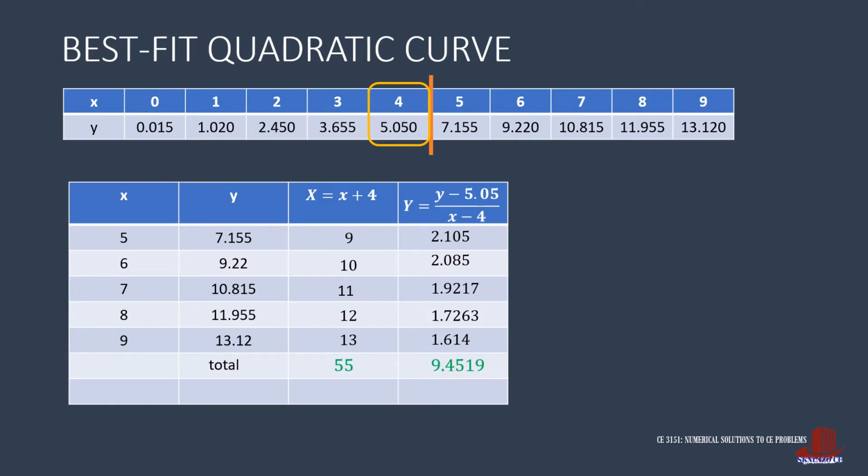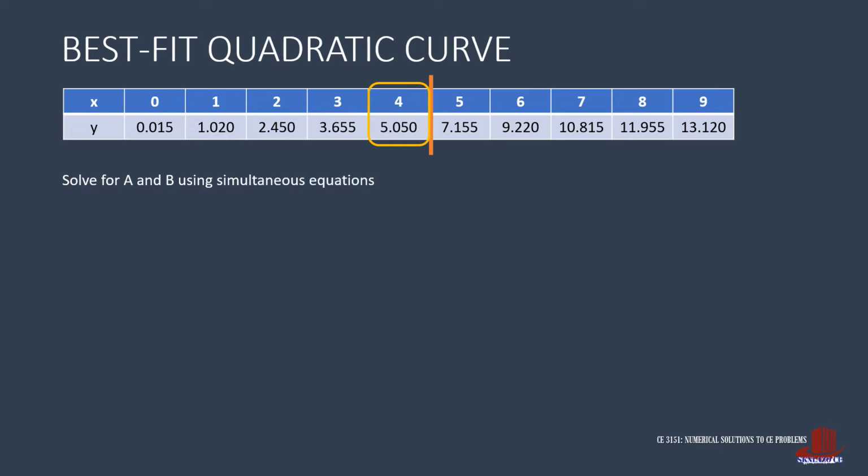Then capital Y is also added to 9.4519. Again, take their average. That is 55 divided by 5 as 11, and 9.4519 divided by 5 as 1.8904. So the second function from the table is 1.8904 equal to 11a plus b.